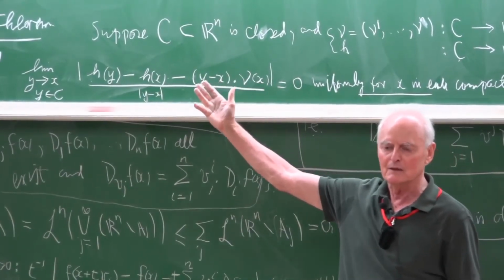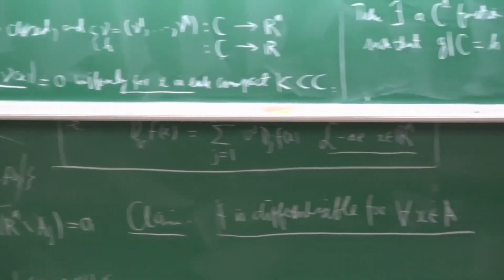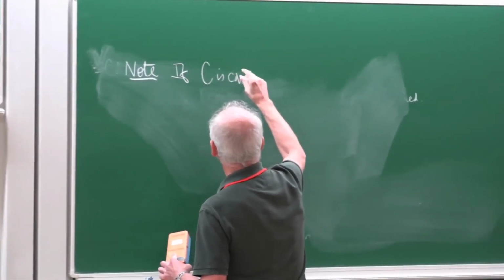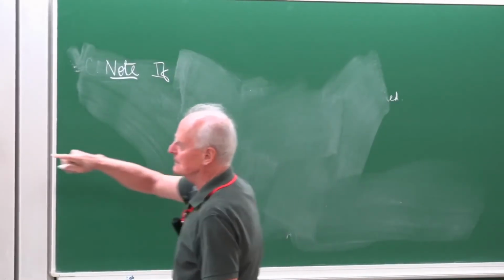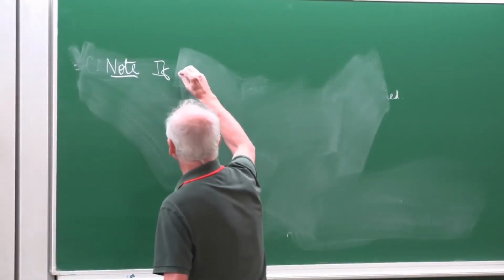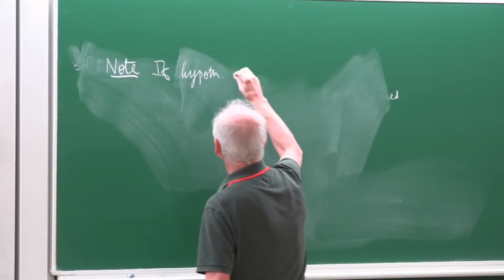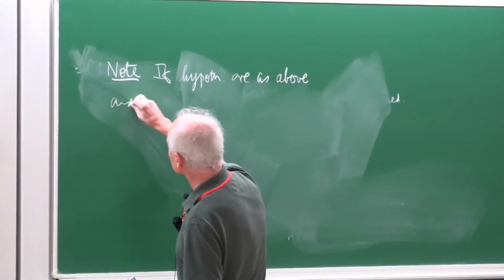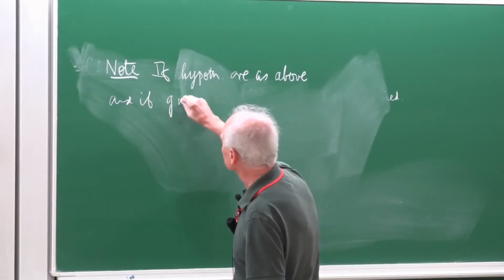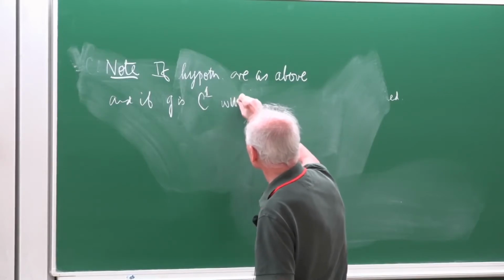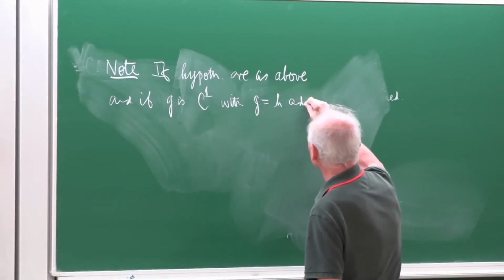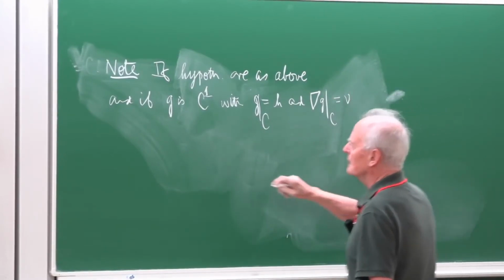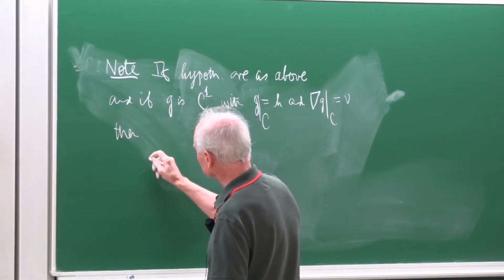Note, if C is closed, and the hypotheses are as above, so same hypotheses on nu and h, and if you already have a C1 function G with G equal to H, that is G restricted to C, and the gradient of G restricted to C equals nu, then you can look at this.